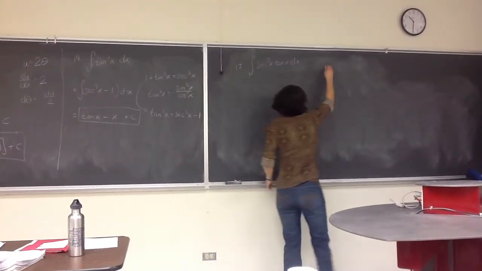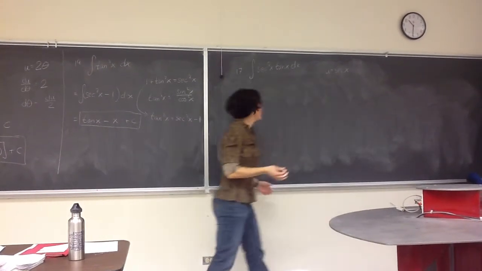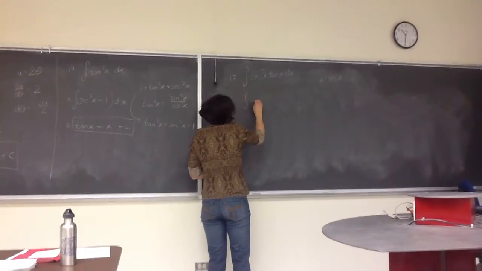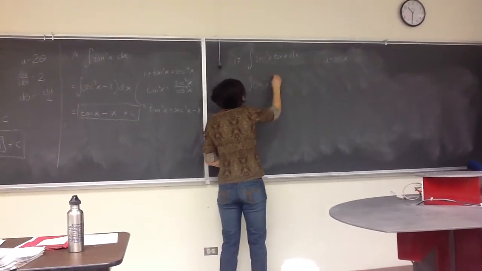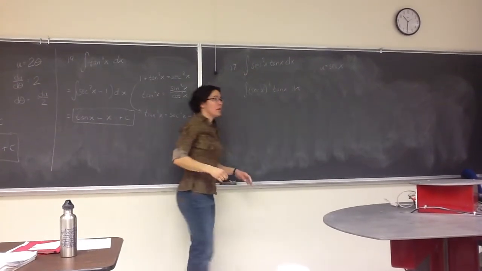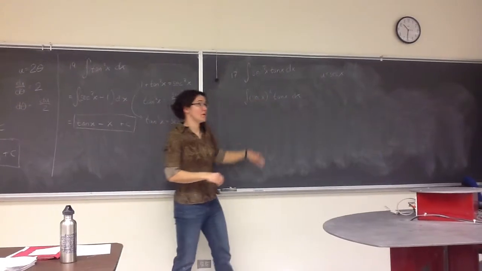Okay, so u is equal to secant x. This seems like an absolutely reasonable idea, because if I rewrite this, I have secant of x quantity squared times tangent x dx. Choosing u to be the inside function is a great rule of thumb, so let's see what happens.